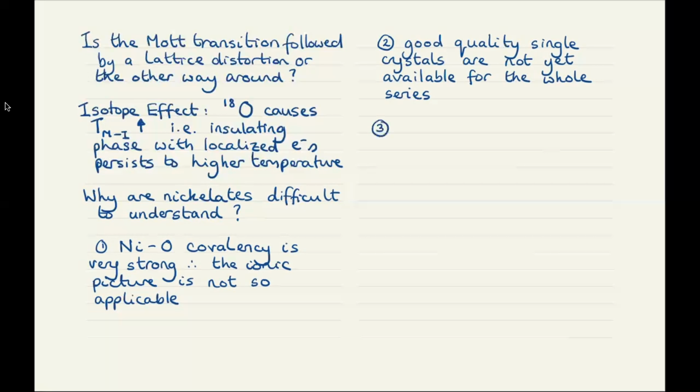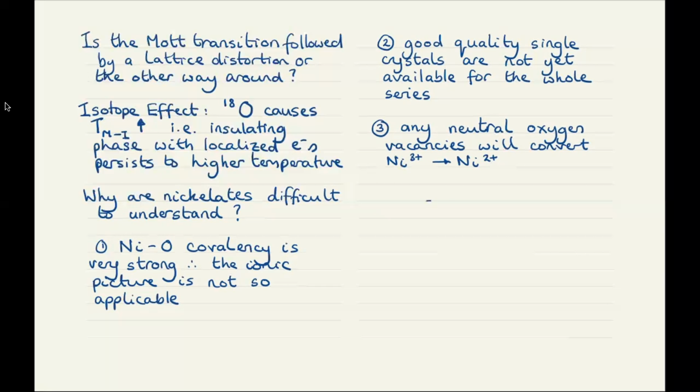And related to this is that it's difficult to get perfect stoichiometry in the nickelates. If we have any neutral oxygen vacancies, for example, which have a rather low formation energy, these will of course convert nickel 3+ to nickel 2+. The neutral oxygen vacancy leaves the electrons behind that the oxygen 2- would have.